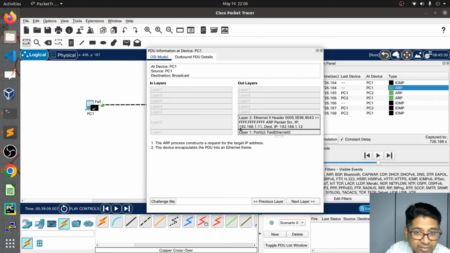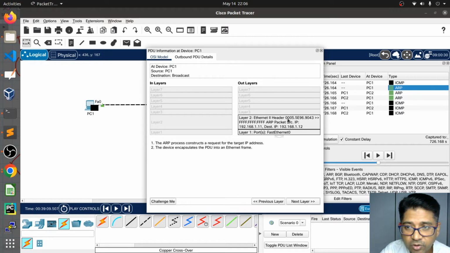I know the layer 3 destination address is 1.12, but I don't know its MAC address. So they say, okay, wait, park your ICMP. First understand the layer 2 address. It assumes broadcast, FFFFFF, a layer 2 broadcast.